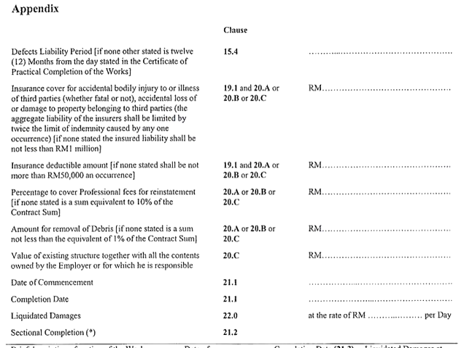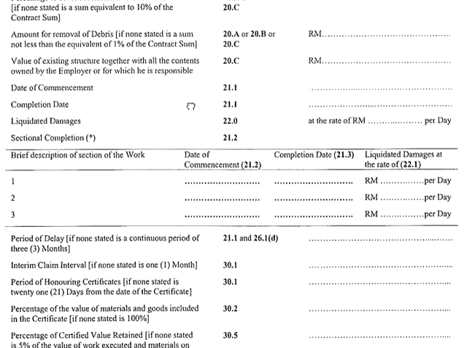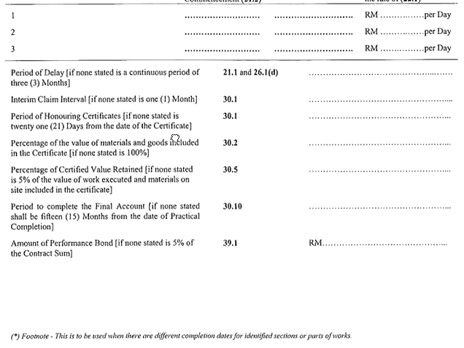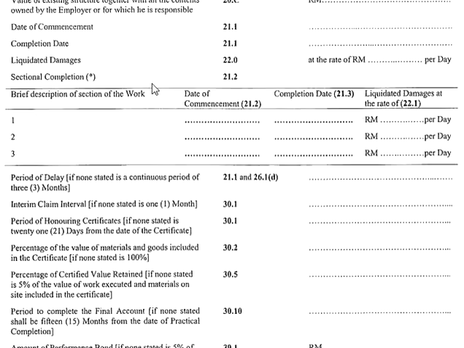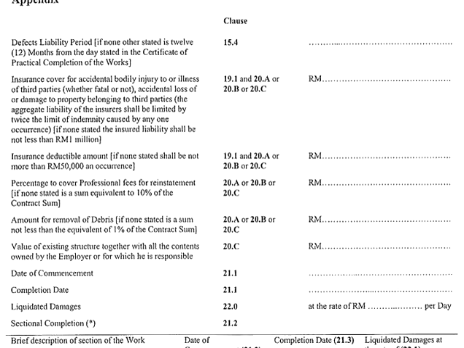This appendix is a standard form as given in the PAM Contract 2018. We will have another video to discuss this in future. The relevant value for the insurance will be stated here. This needs to be filled during the tendering process.